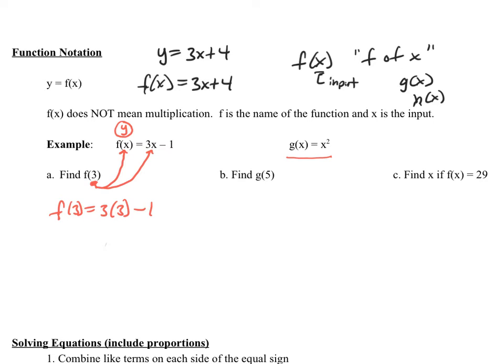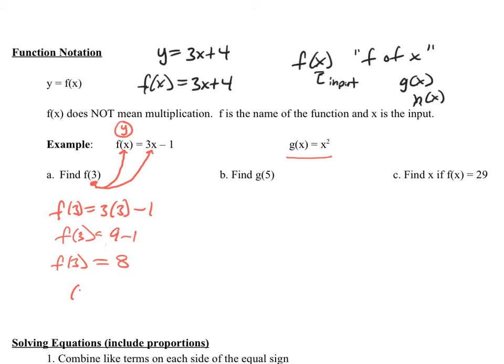So for A, it's telling me place 3 as the input into the f equation. Now we simply follow our order of operations rules. First we do 3 times 3 is 9, and then 9 minus 1 is 8. So f of 3 equals 8.